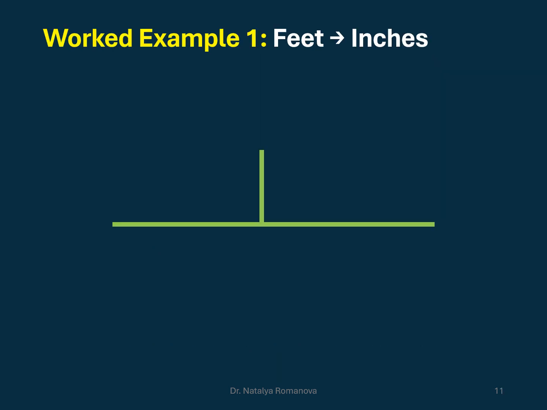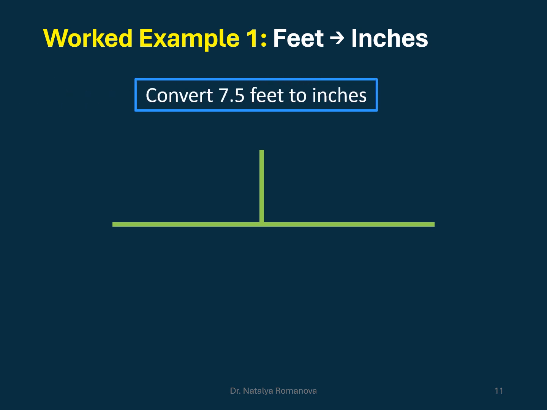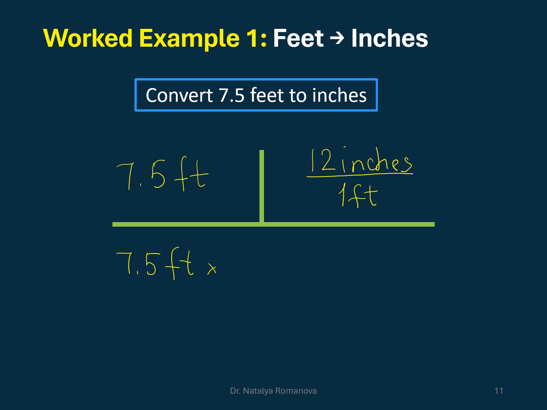Let us practice. Convert 7.5 feet to inches. So we have 7.5 feet. We need to multiply by 12 inches over 1 foot. So the result here is 7.5 feet multiplied by 12 inches over 1 foot.